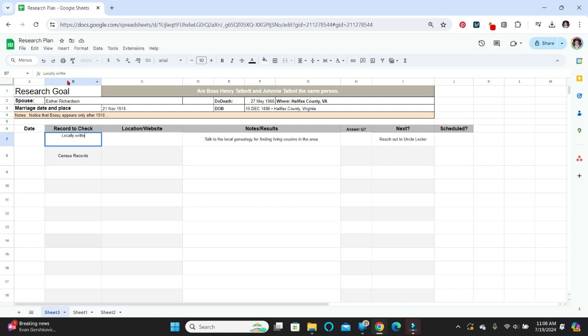I would say look for locally written histories, family histories. And I would reach out to the local librarian. Let's do the Halifax County Library.